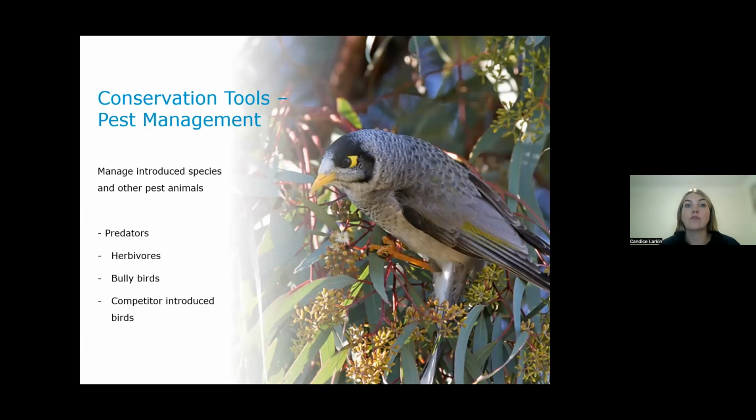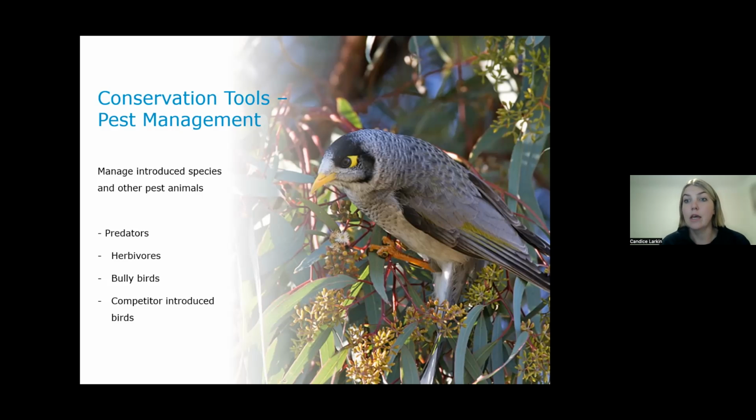And one of the conservation tools that we are using is pest management. So managing introduced pests and other pest animals, and also managing our native birds that, while historically have always been here, are now proliferating to a level where they would not have historically been, and that's largely due to us fragmenting the landscape and allowing them to colonise all of this edge area. So one of the things we do is we assist the government and private landowners in removing these birds.